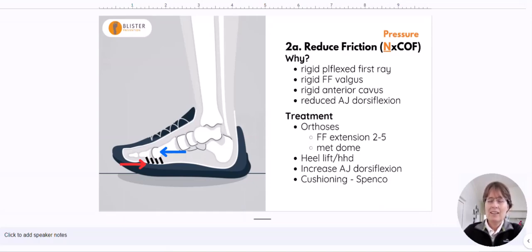Well, actually, you are keeping the heel loaded longer by using a heel lift and a heel height differential, particularly if there is limited ankle joint dorsiflexion. So that can be very helpful to lift up the heel a little bit. Of course, if the calf is tight, we would try and get more ankle joint dorsiflexion through stretches or mobs. And cushioning materials reduce pressure, so Spenco, Poron, that kind of thing.